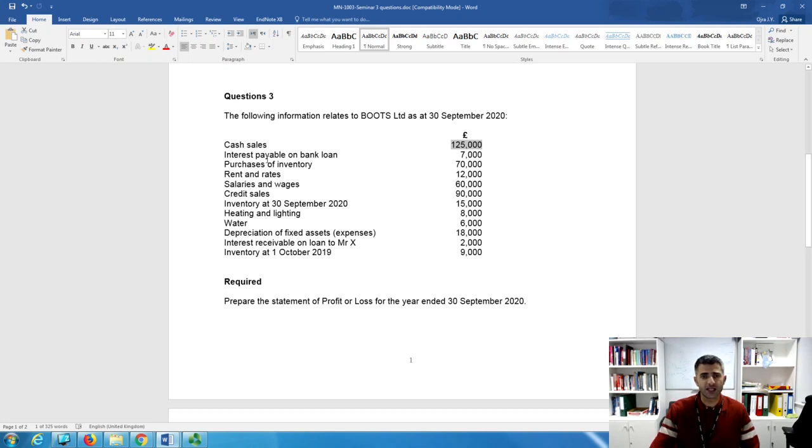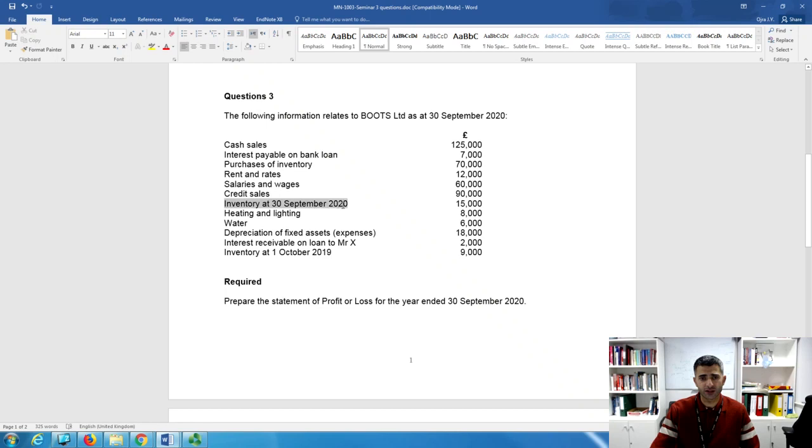We have here interest payable. Interest payable, we include this as interest at the bottom of the statement. We have purchases here, which we need to include in order to calculate cost of sales. We have rent, a type of expense, and it is included in the expenses. Salary is the same, in the expenses.